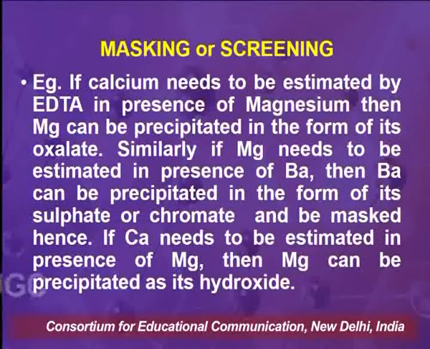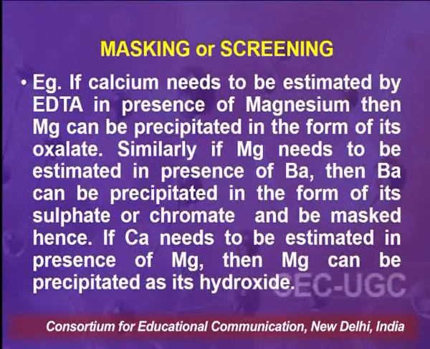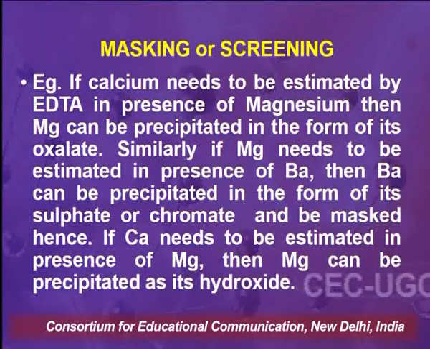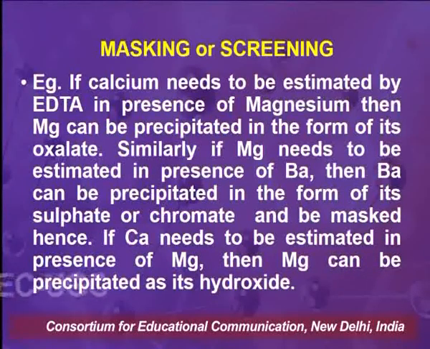For example, if calcium needs to be estimated by EDTA in presence of magnesium, then magnesium can be precipitated in the form of its oxalate. Similarly, if magnesium needs to be estimated in presence of barium, then barium can be precipitated in the form of its sulfate or chromate and be masked hence.